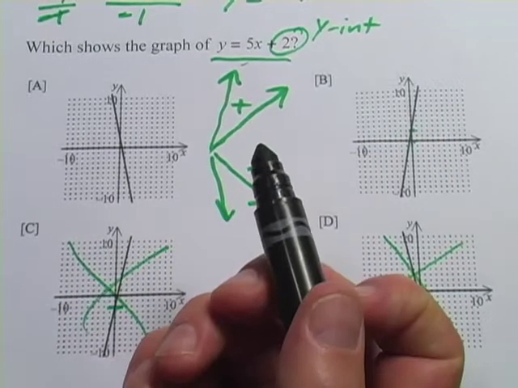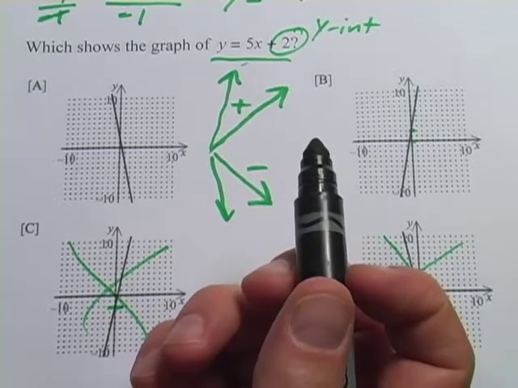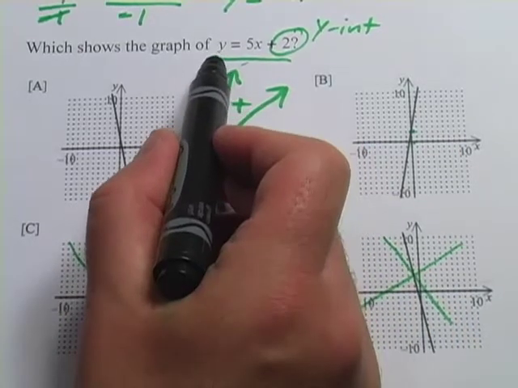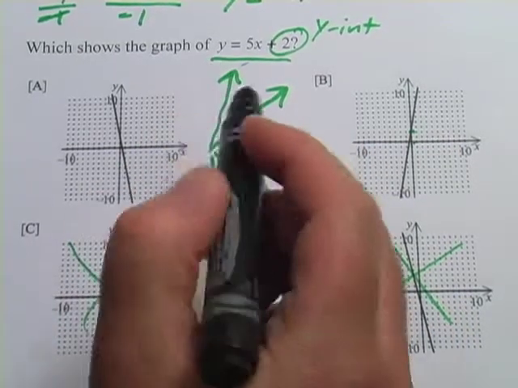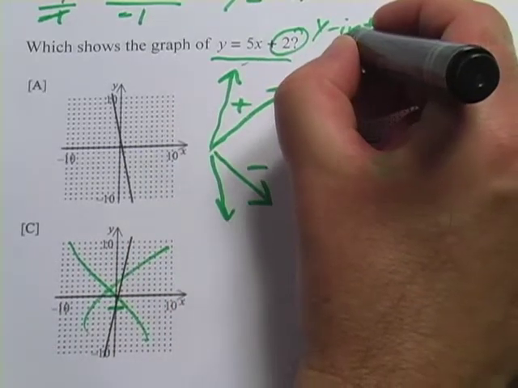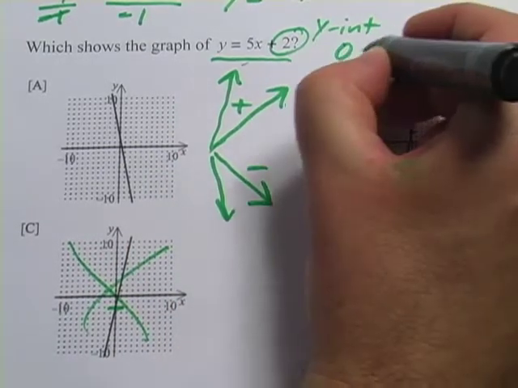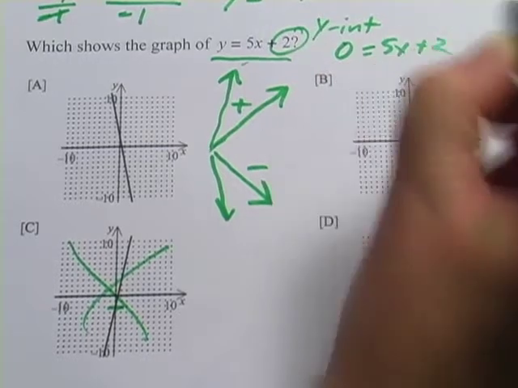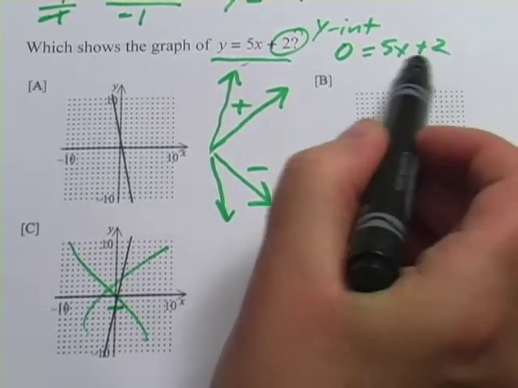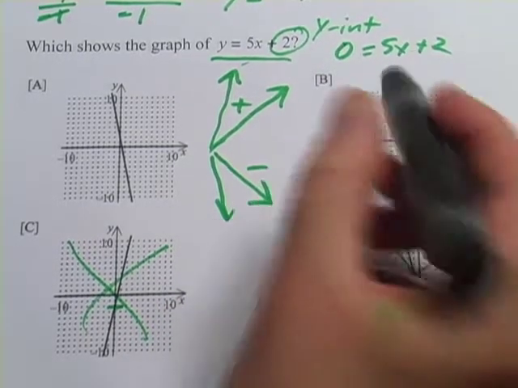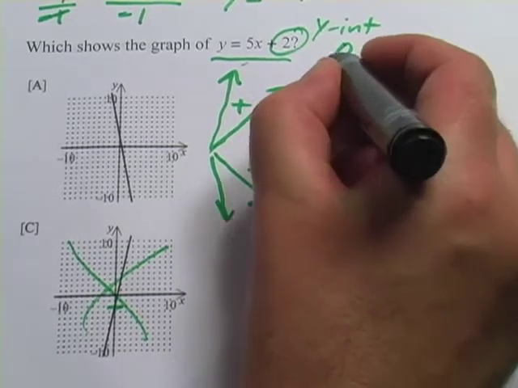We could try putting in another point, though, and the point I like putting in is when y equals 0. So let me rewrite that. Instead of y, I'll put in 0 equals 5x plus 2, and then I want to solve for x. I'm going to subtract 2 from both sides.